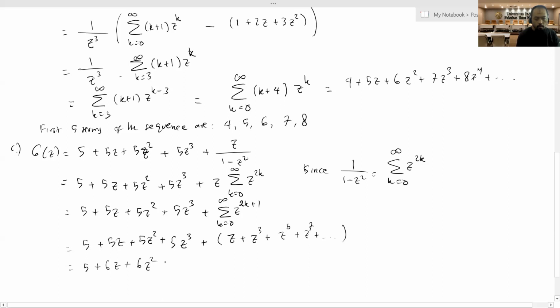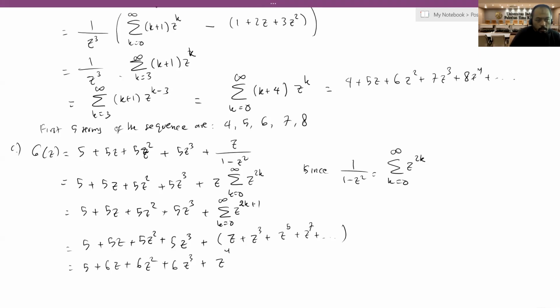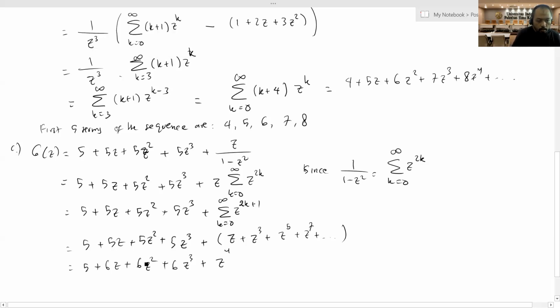Now this is equal to 5 plus 6z plus 6z squared plus 6z cubed plus, sorry, there's a mistake here. Let me just do it again.